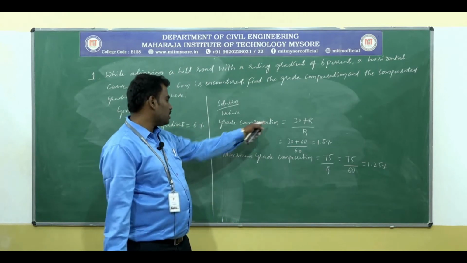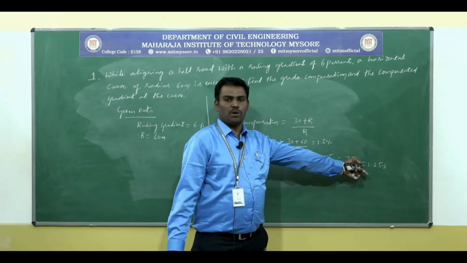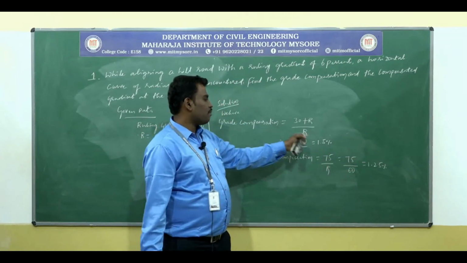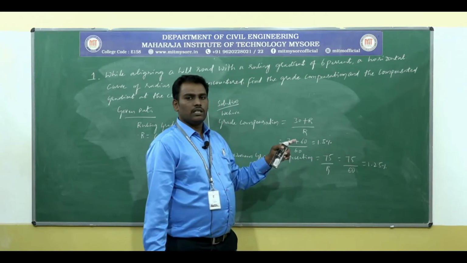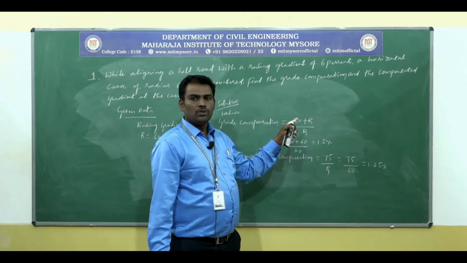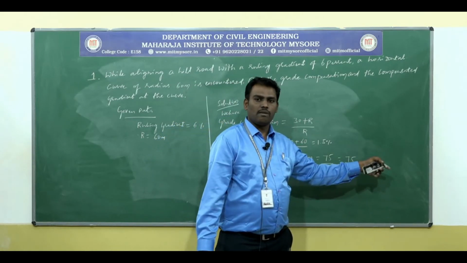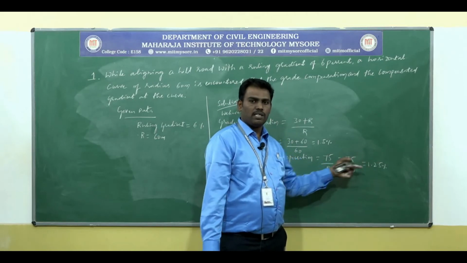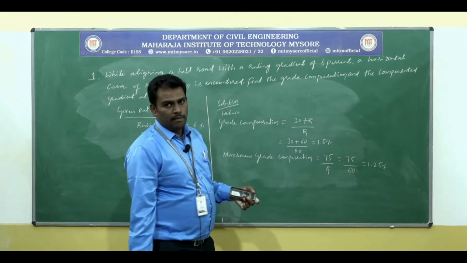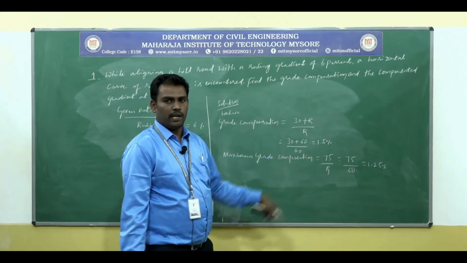Observe the grade compensation and the maximum grade compensation. The maximum is 1.25%, but your grade compensation is 1.5%. In no case should your grade compensation exceed the maximum grade compensation of 1.25%, that is 75 by R. Then you limit the grade compensation to 1.25% only.